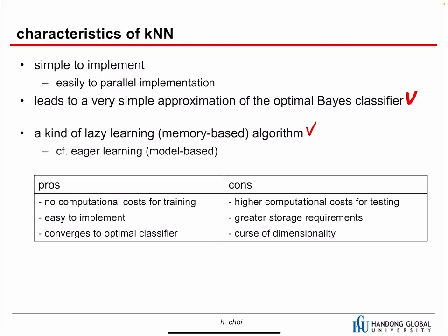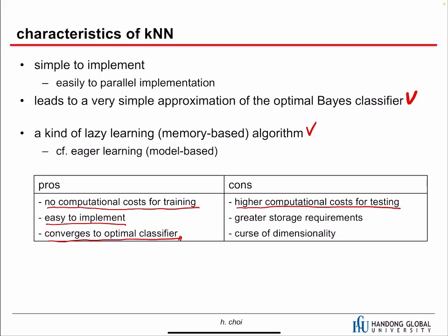So, pros and cons. In KNN, there's no computational cost for training. It's easy to implement, and it converges to the optimal classifier. That's a good thing. But the higher computational cost for testing is the problem, right?